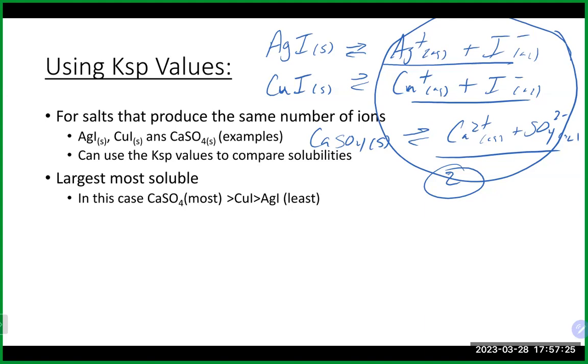Now, if they do not break apart into the same number of ions and you want to compare which one would be more soluble, you cannot directly use the Ksp values to do that. You actually have to do the calculation like we just did in those previous problems and calculate the solubility of each of those salts and then compare it.